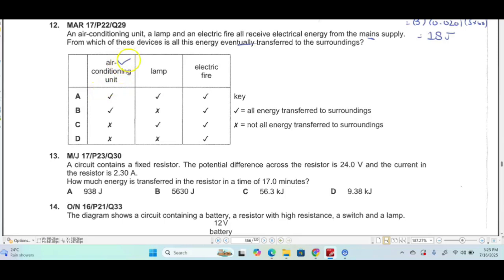So air conditioning ke case mein this is correct. In the case of the lamp, we also know that this is correct. You've seen that many times. Everyone has a lamp in their house. And electric fire mein obviously this is going to happen. So it happens in all the three cases. So A is going to be our correct option. ठीक हो गया?